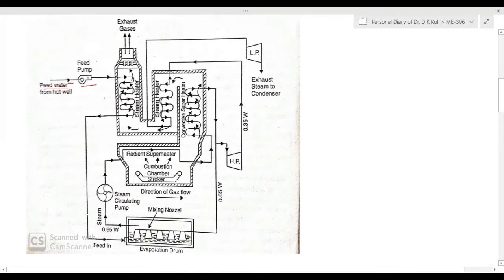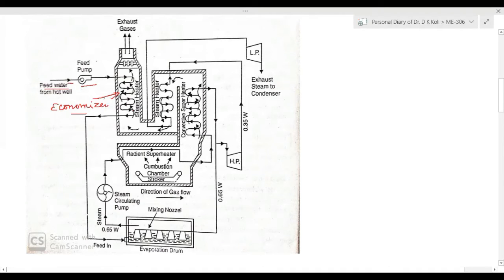With the help of the pump, the feed water is coming, and it is passing through this portion. This section is known as the economizer, where heat of the flue gases is transferred to the water.